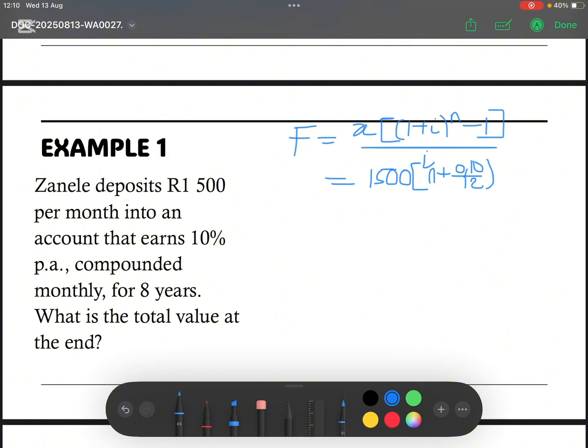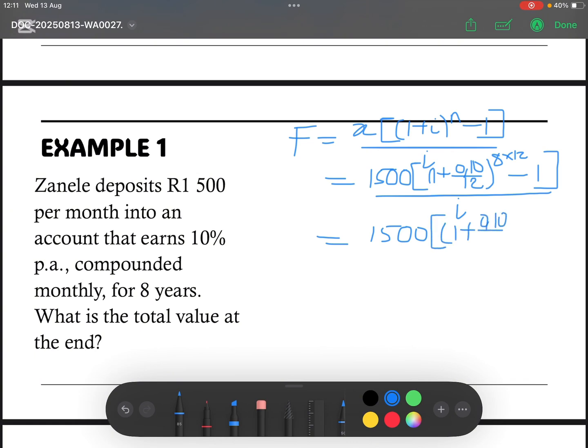The number of payments that Zanele will make on this account will be 8 multiplied by 12, then subtract 1, and then everything you divide by the interest rate. Then in that case, you'll have 1,500 times (1 plus 0.10 divided by 12). Remember, we're dividing by 12 because it's compounded monthly.